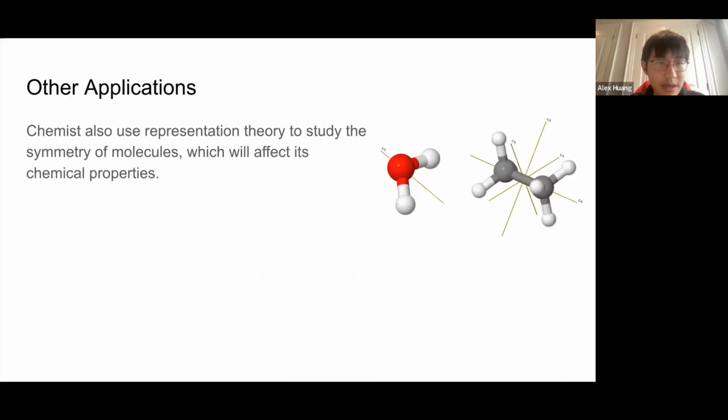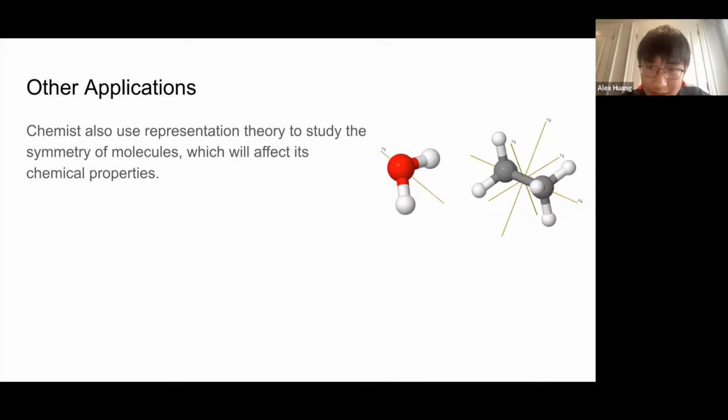That's pretty interesting, right? Finally, representation theory has another major application in the real world. Chemists also use representation theory to study the symmetry of molecules. Here you see I have 2 molecules, and they study the symmetry axes of different molecules. They will have different representations of these groups in a theoretical chemistry textbook.